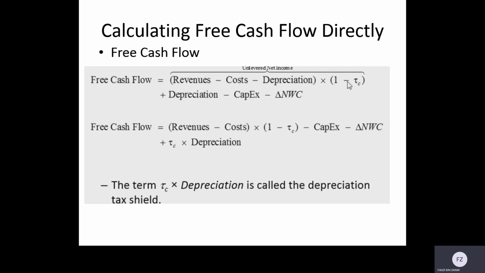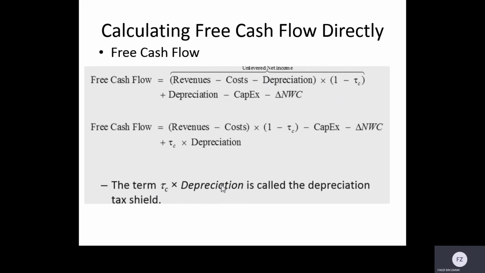But then you have minus the tax rate, minus T, times the minus depreciation, which gives you a plus. So the result is the tax rate times the depreciation. This term, the tax rate times the depreciation, we call the depreciation tax shield.